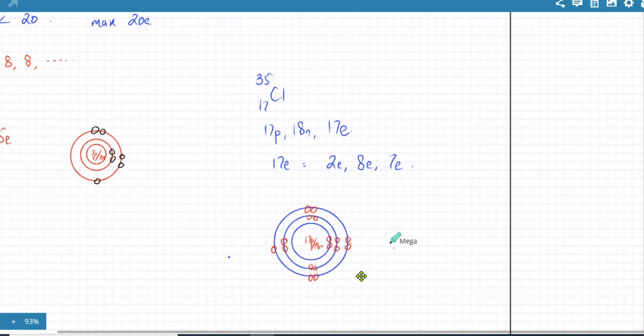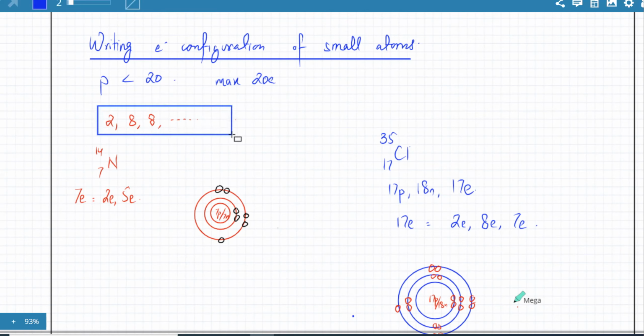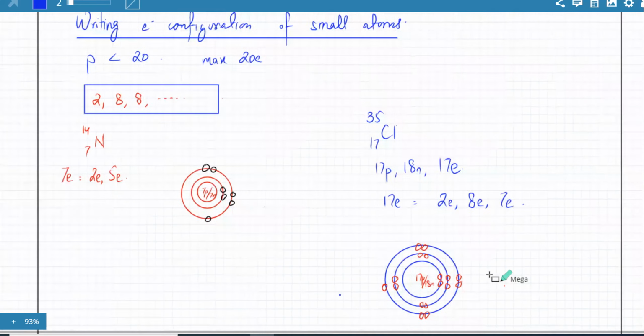That's it. So again, I'm just going to recap. How do you write electronic configuration of small atoms? The ones that have protons less than 20 and that can have a maximum of 20 electrons. For small atoms, just simplify things. Just follow this 288 rule. First one with 2, then 8, and then whatever is remaining would be going into the third shell.